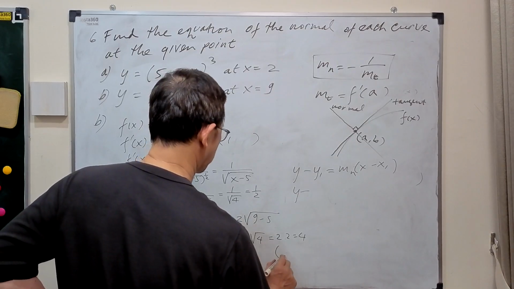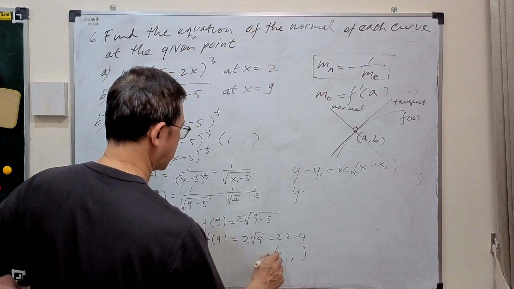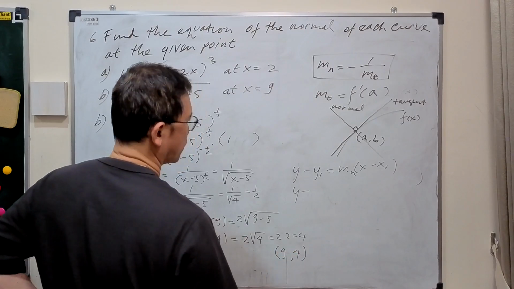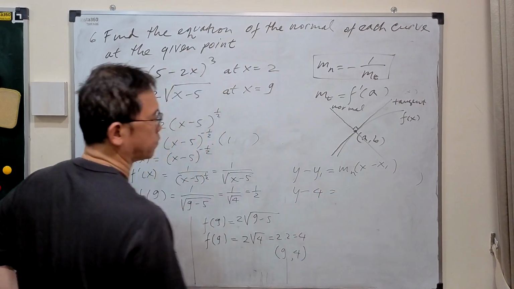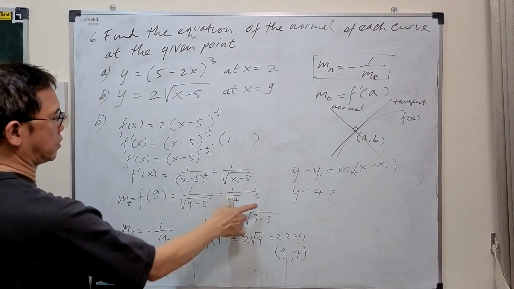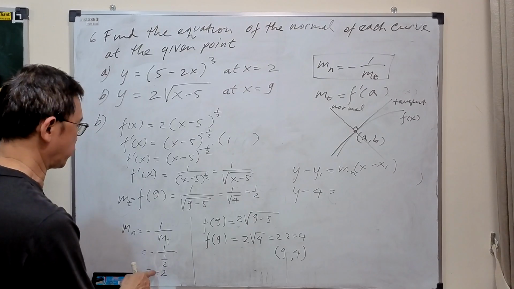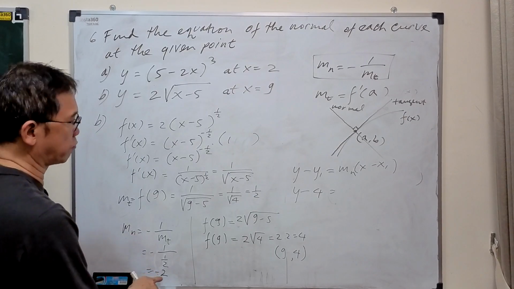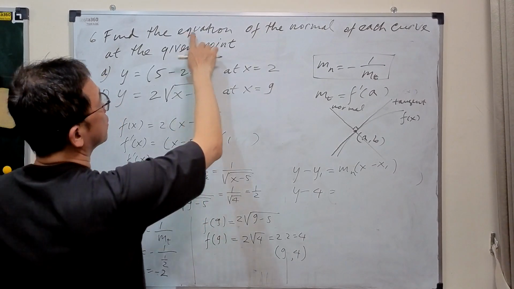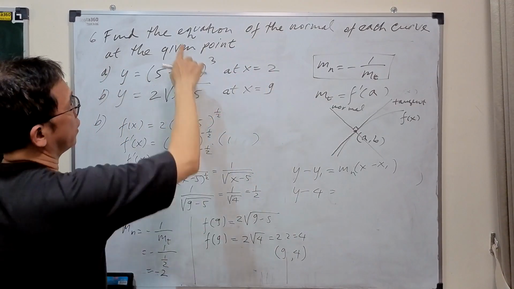So basically the tangential point here will be (9, 4). So right here will be 4. Is the gradient half or negative 2? Yes, negative 2 is the gradient of the normal right here, because the question asks you to find the equation of the normal.